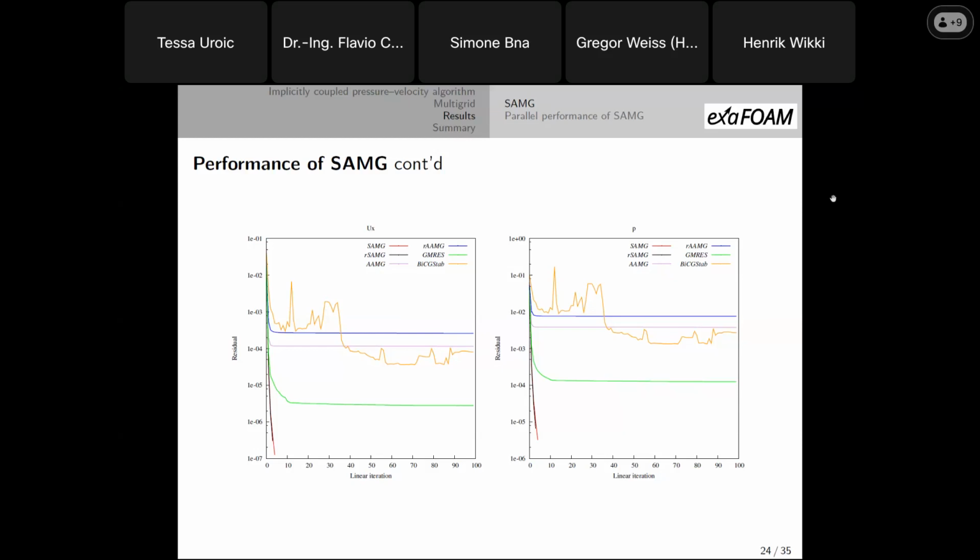So we have been able to achieve a theoretical convergence of SAMG with the coupled system, while other types of solvers which were used before, so BiCGStab, GMRES cluster, or agglomerative AMG, stall at some point and do not even reach the levels of convergence we have reached in only a few iterations with SAMG. Next slide, please.